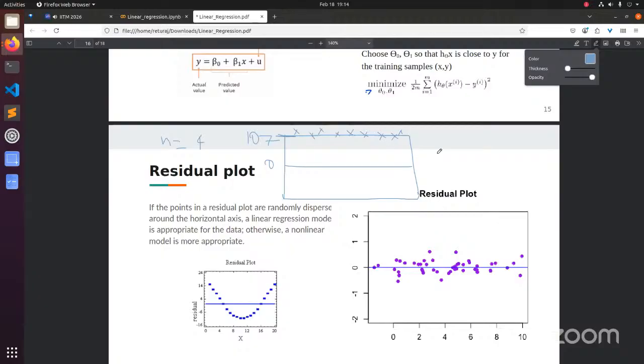I think no, sir. Okay, why do you think it is no? Because the points are too far away from zero, sir. Okay, so it is very far away from 0.